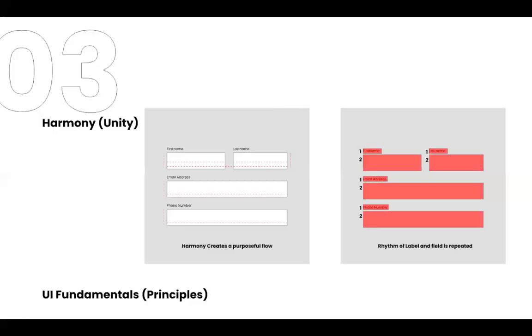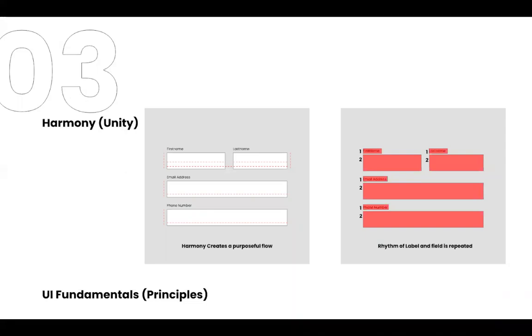Then we have the third principle. Third principle is harmony. Harmony is also referred to as unity. Harmony is when visual elements relate to or complement each other. So when you have visual elements in your design that relate to each other or have some way of complementing each other, harmony can be achieved.